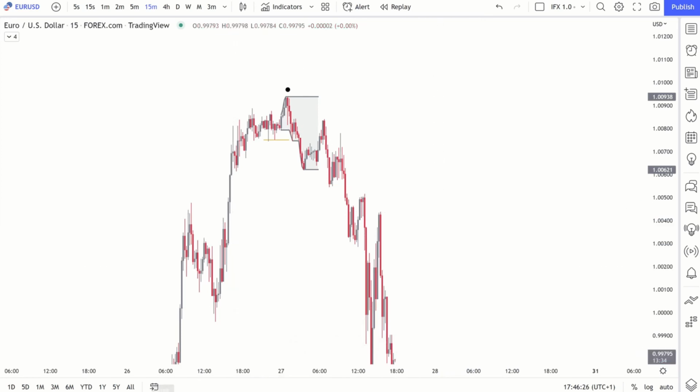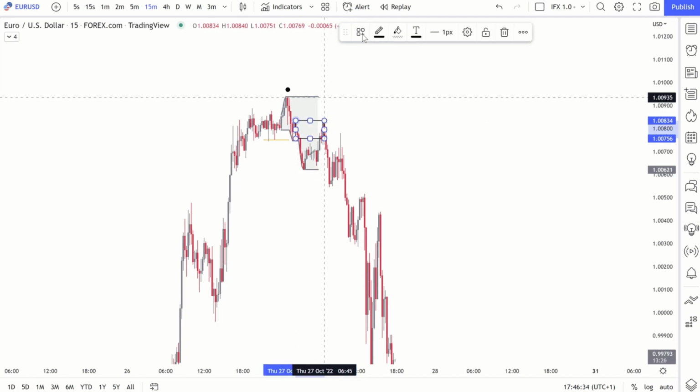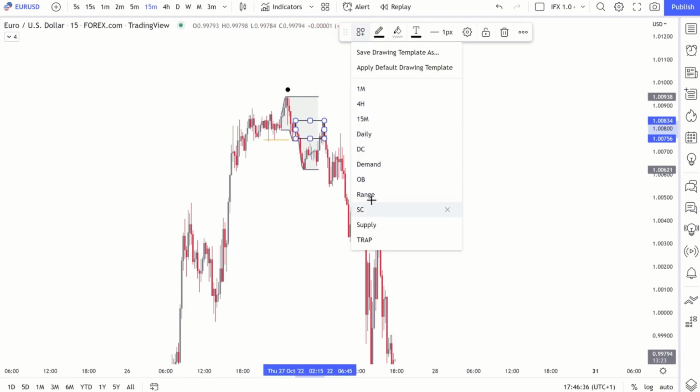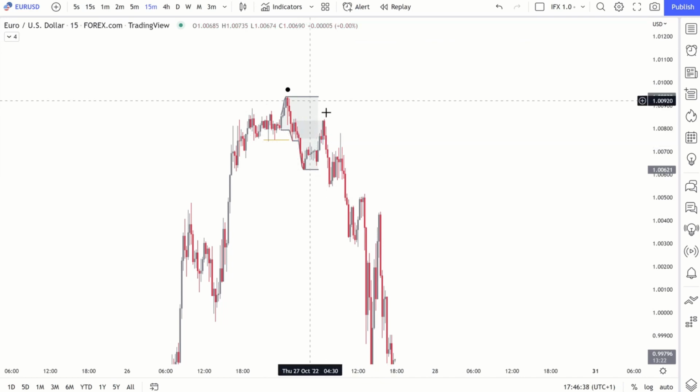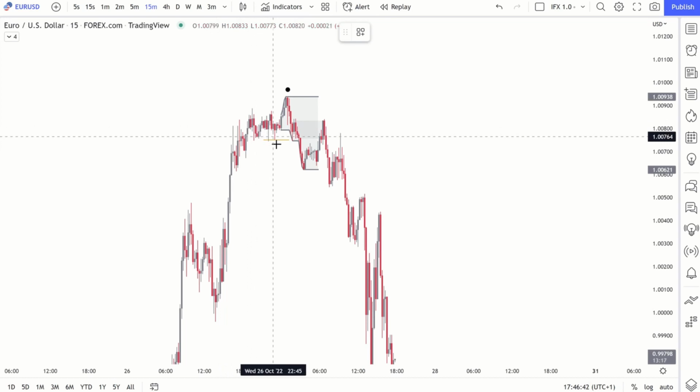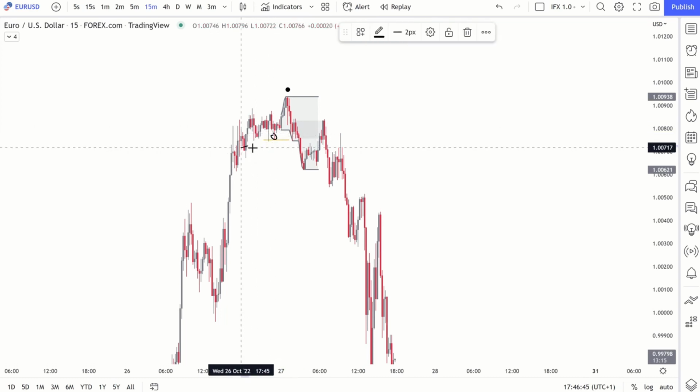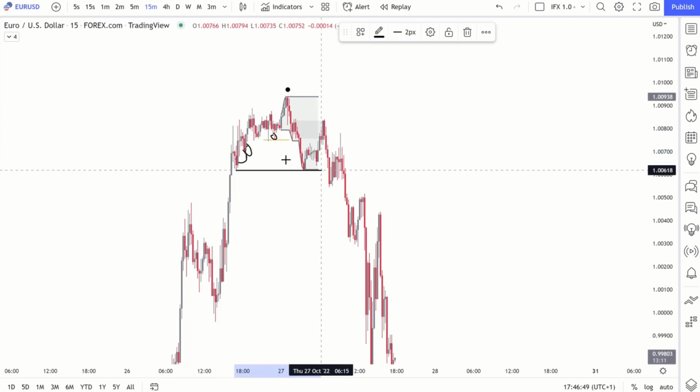Then if you study this bit of price action in a bit more detail, we start to see the supply starting to hold and all this demand starting to fail. It was at this point we were looking to sell.